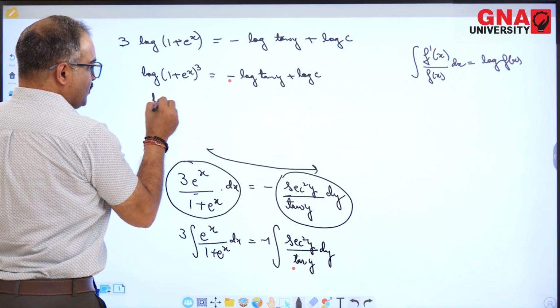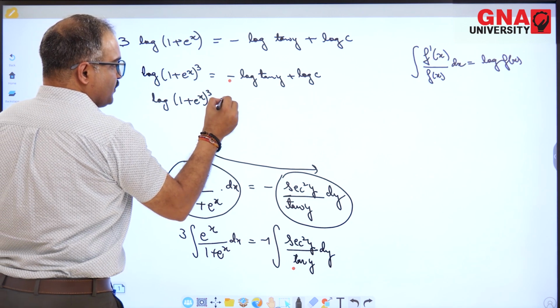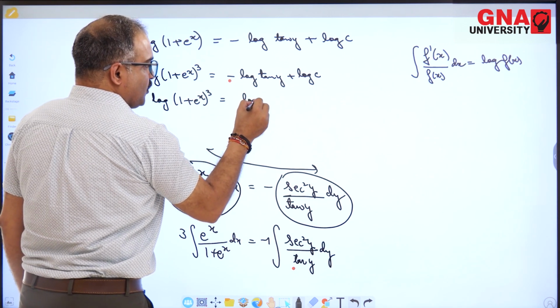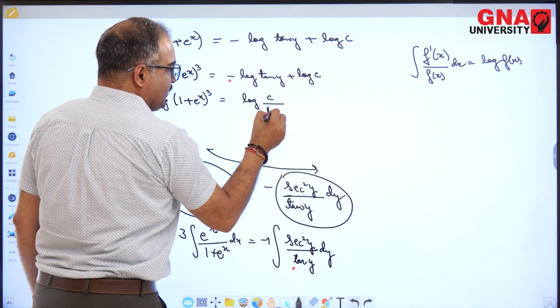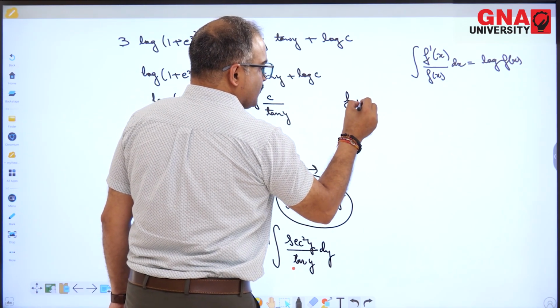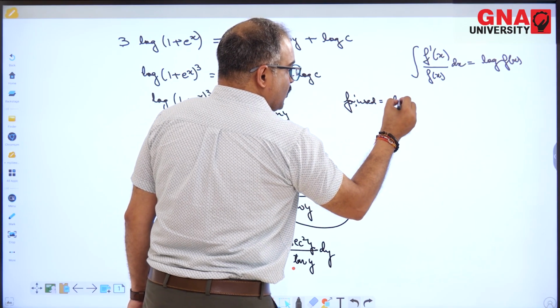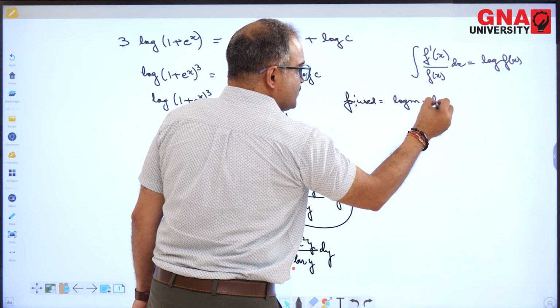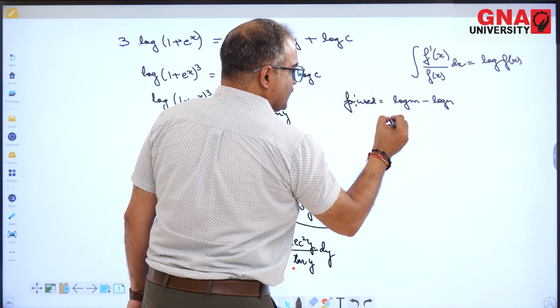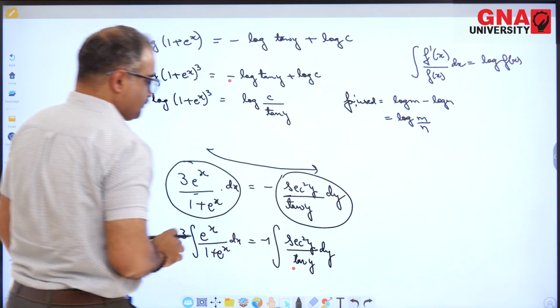So it will be log of 1 plus e raised to power x whole cube is equal to log of c divided by tan y. Formula used, that is log m minus log n, that is equal to log m over n.